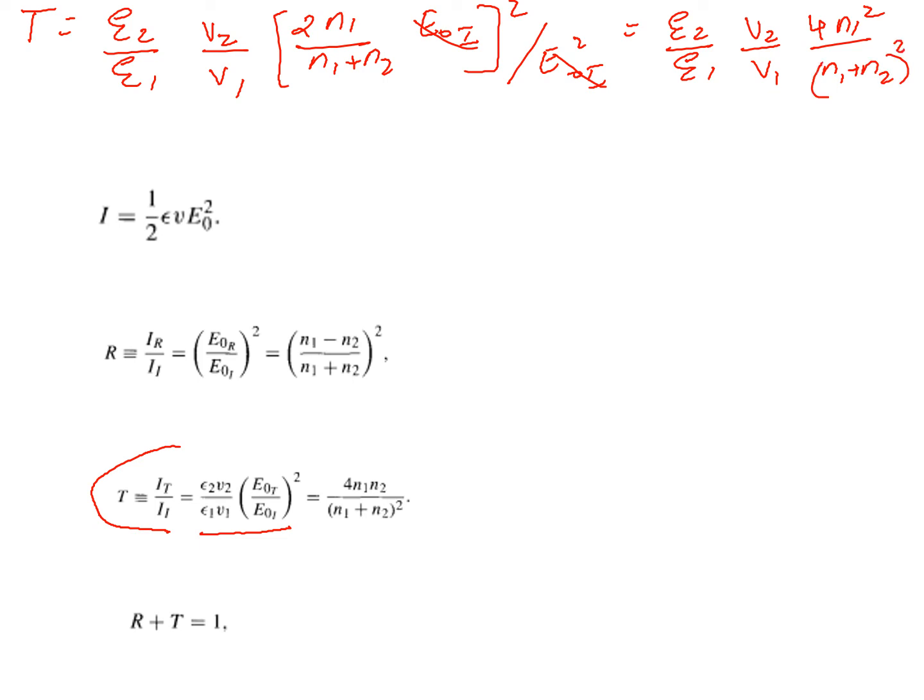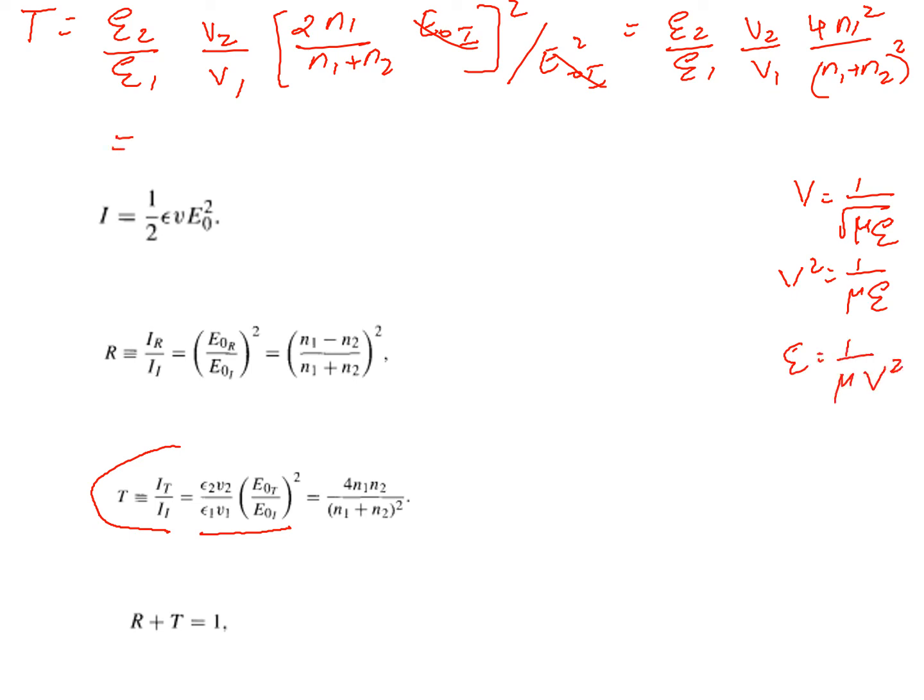So now let us replace epsilon 1 and epsilon 2. How can we replace? We know that velocity V equals 1 by root of mu epsilon. Taking the square on both sides, V square equals 1 by mu epsilon. So epsilon equals 1 by mu V square.